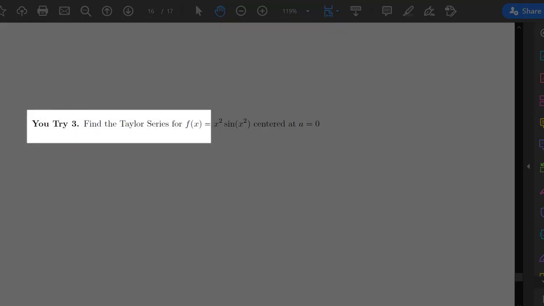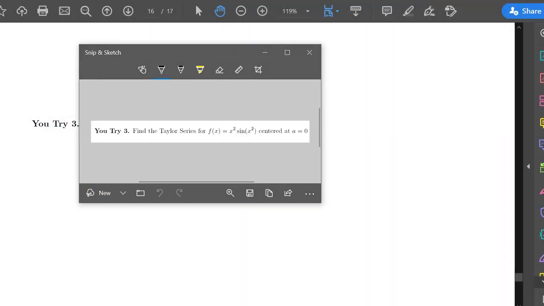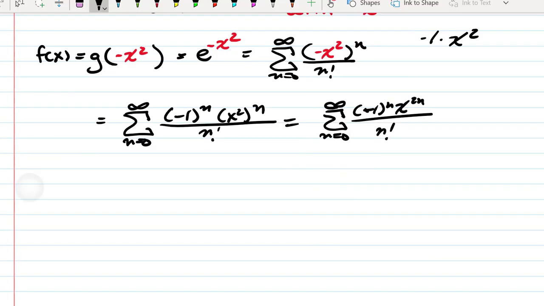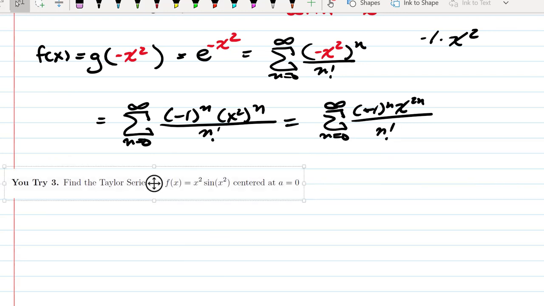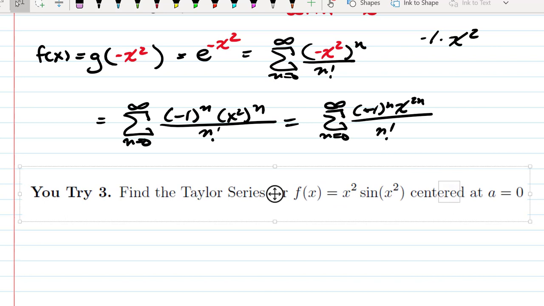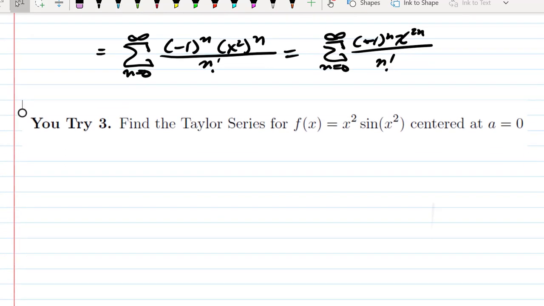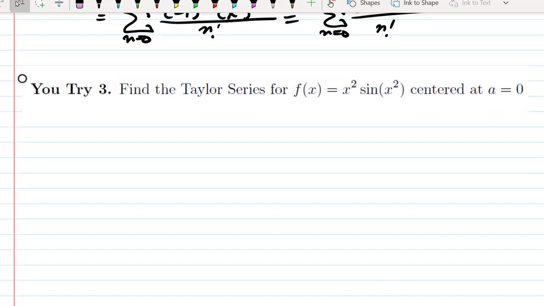All right, the next one is a U-try for you guys. So find the Taylor series for f of x equals x squared sine x squared centered at a equals 0.